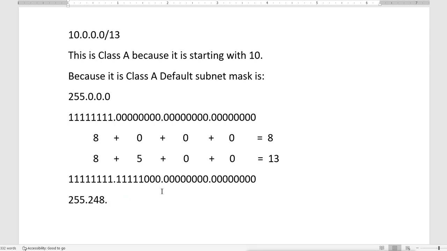The remaining bits are 0, so 0.0. This is our subnet mask for /13.